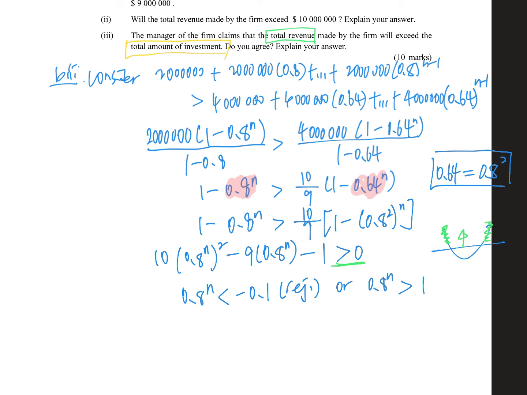Using a similar technique, we'll take logarithm on both sides. So that would be n log 0.8 bigger than log 1. And then n would be less than 0. Whoa, so weird.